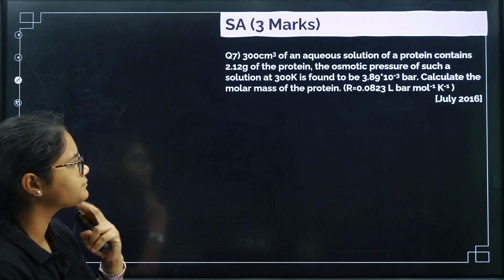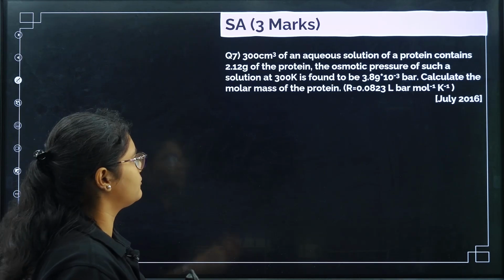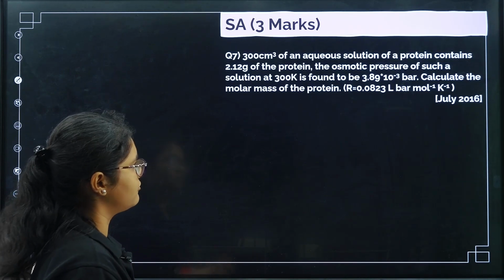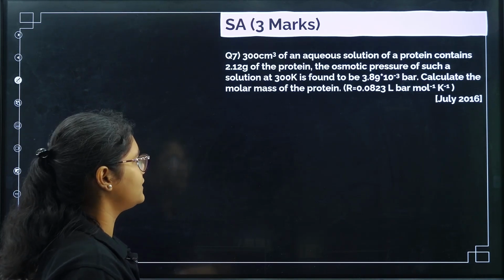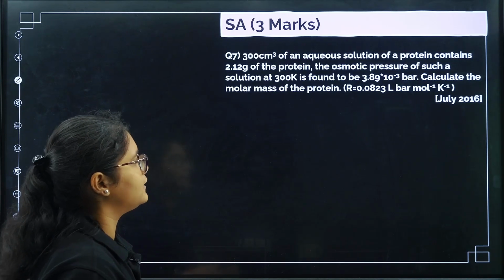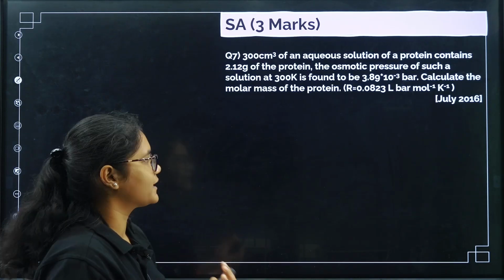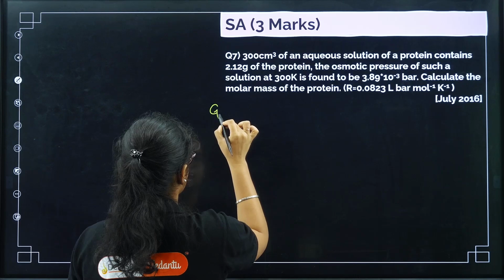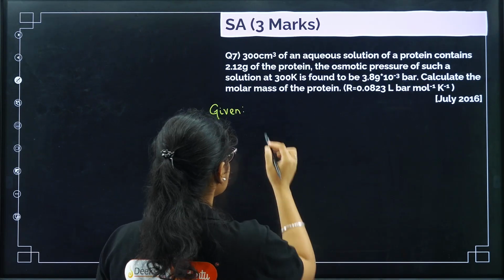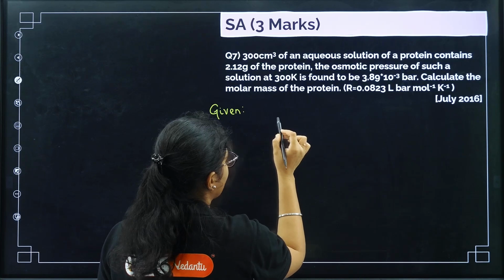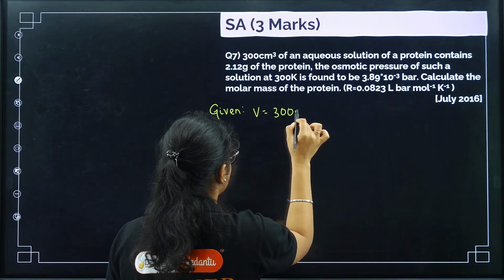Next, another question. 300 centimeter cube of an aqueous solution of a protein contains 2.12 gram of protein. The osmotic pressure of such a solution at 300 Kelvin is found to be 3.89 into 10 to the power of minus 3 bar. Calculate the molar mass of the protein. Again same thing, but this time it is an osmotic pressure question. So given is your volume, 300 ml of an aqueous solution, so V equal to 300 ml.